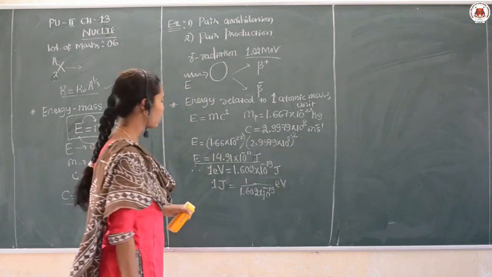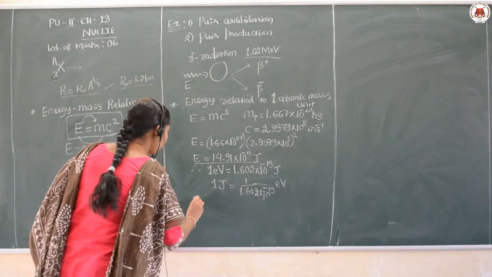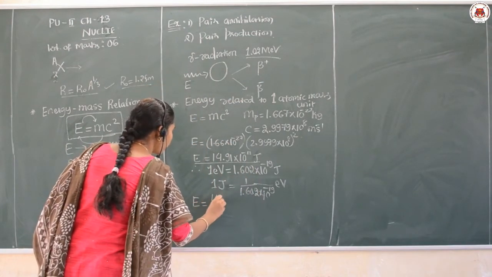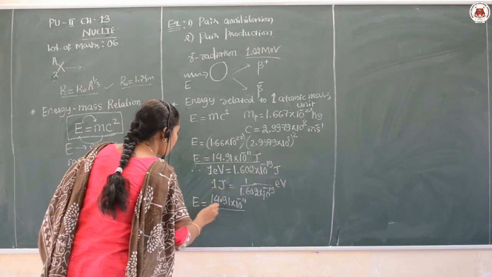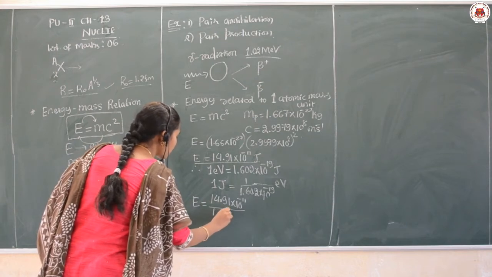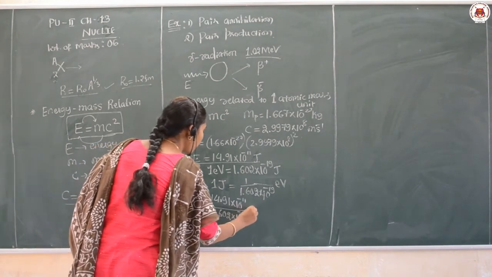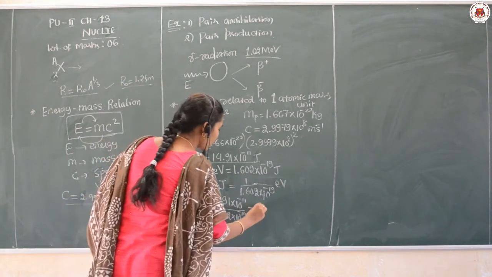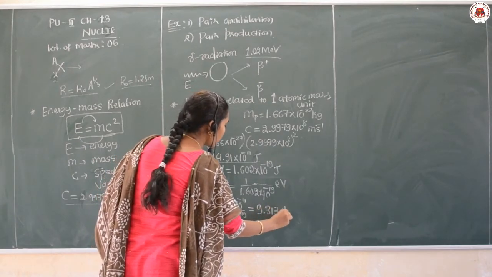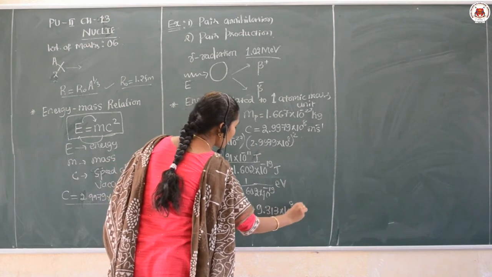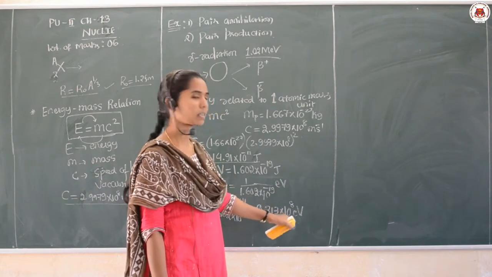So energy E is equal to 14.91 into 10 raised to minus 11 upon 1.602 into 10 raised to minus 19. When we simplify, our value will be 9.313 into 10 raised to 8 electron volt.